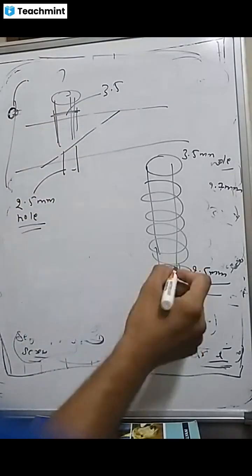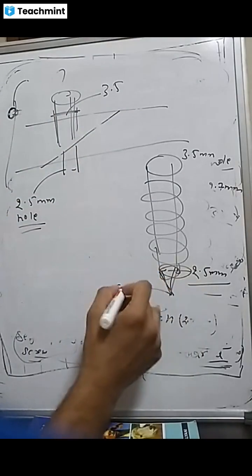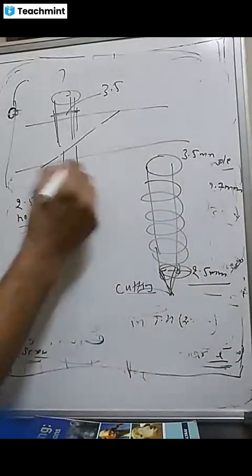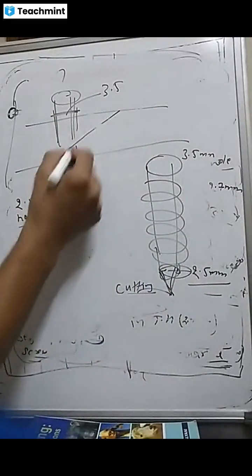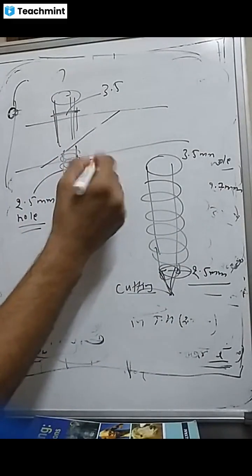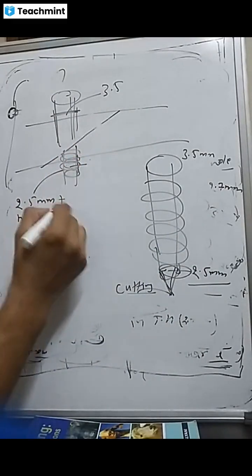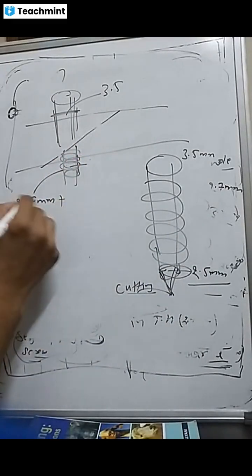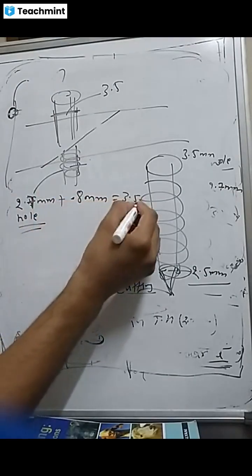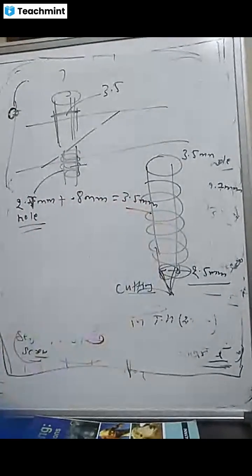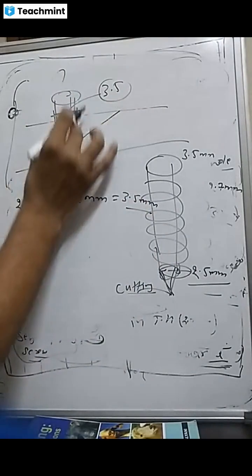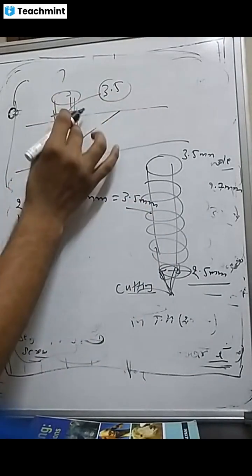So if the tip of the screw is cutting, it will cut threads in it, and that will become 3.5. The hole is a 3.5 mm hole, so it goes easily inside this.